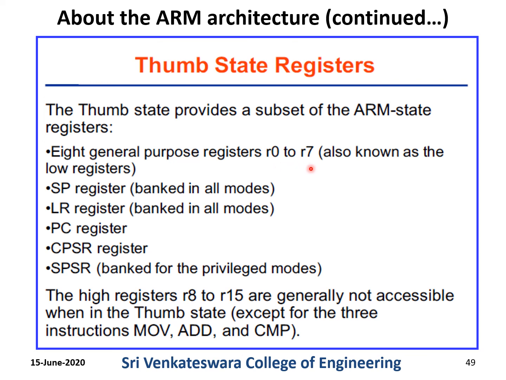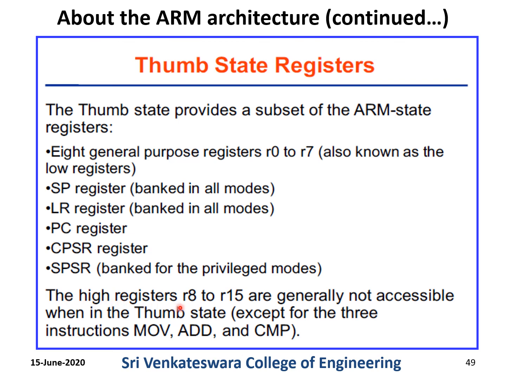Apart from these 8 registers, thumb state also makes use of the stack pointer register and link register, which are banked in all the modes. And the program counter register, the current program status register, as well as the saved program status registers banked in the privileged modes are used in thumb state.